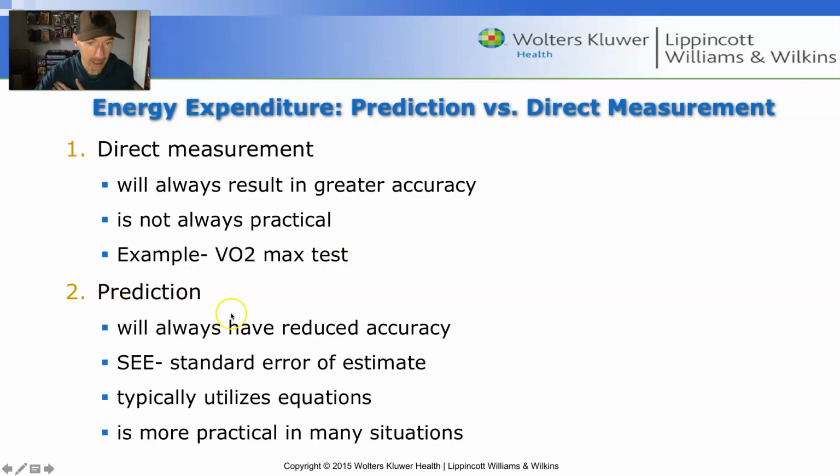Anytime we're predicting something, there is going to be what we call this SEE, which stands for the standard error of estimate, okay? Whenever you're using an equation, usually the standard error of estimate will be given, okay? So you'll know what your error is, usually expressed in like a plus or minus 3. So for example, for body fat percentage measurement using skin fold caliper, the measurement error is plus or minus 3.5%, right?